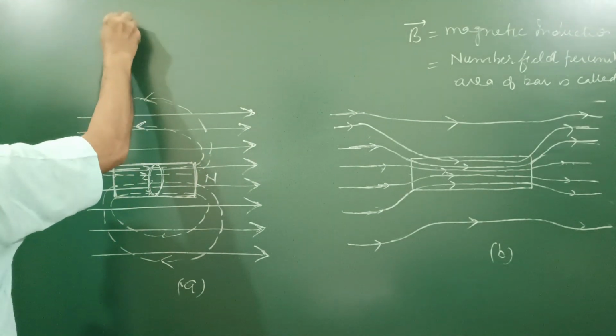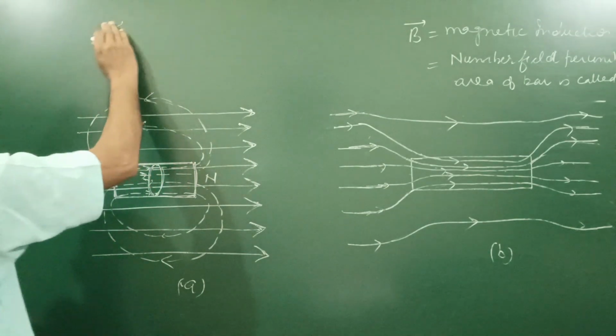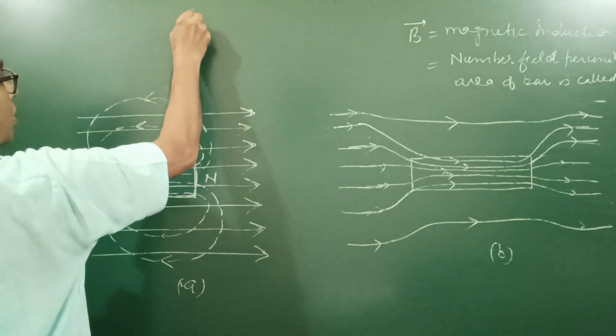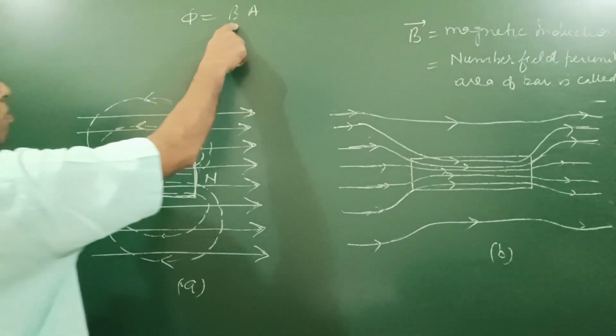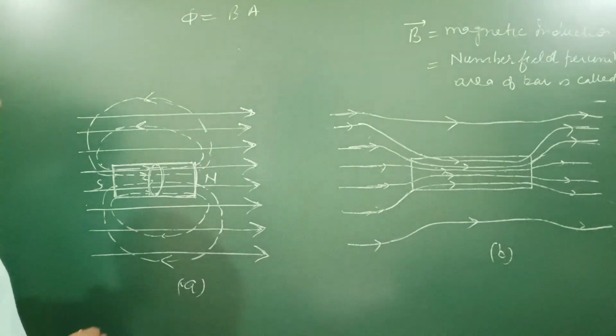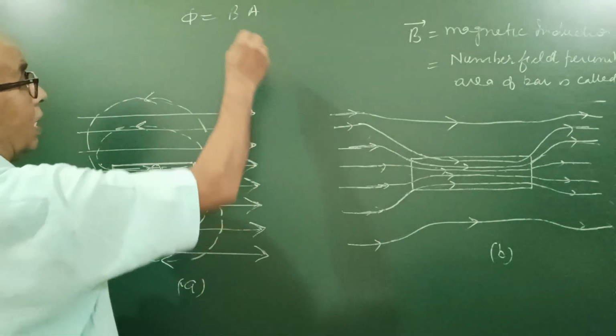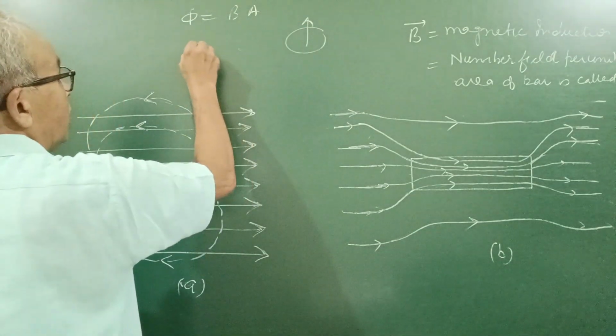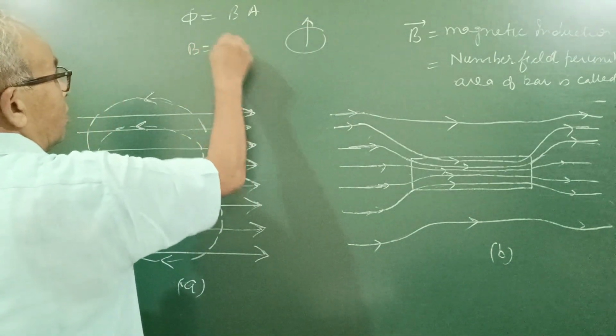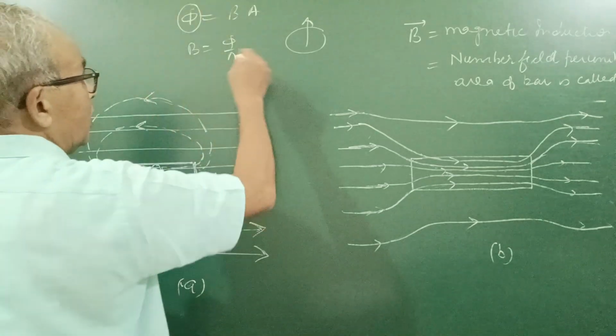Actually, there is one term, magnetic flux, phi. Phi is equal to B times A, where B is the field intensity passing normally and A is the area through which the field lines pass. So B is equal to phi upon A. Phi is called magnetic flux here.